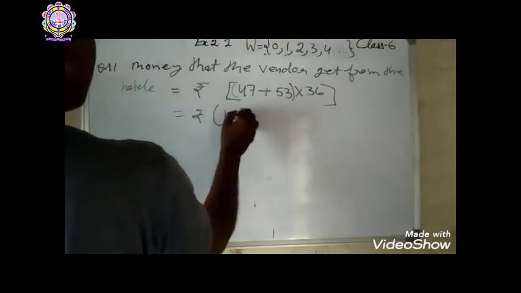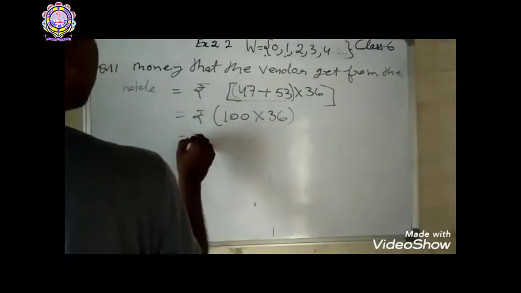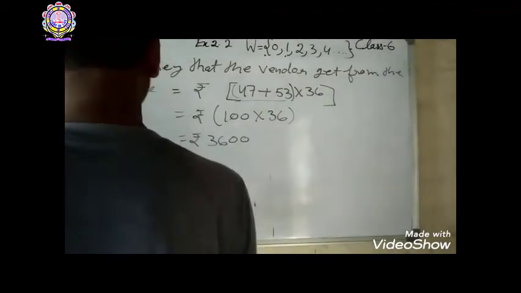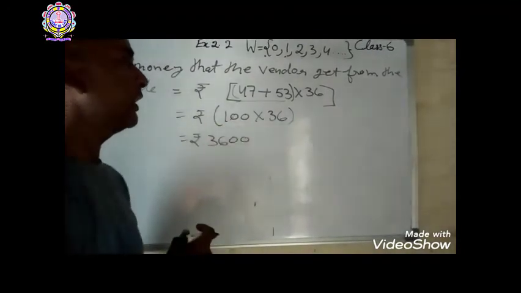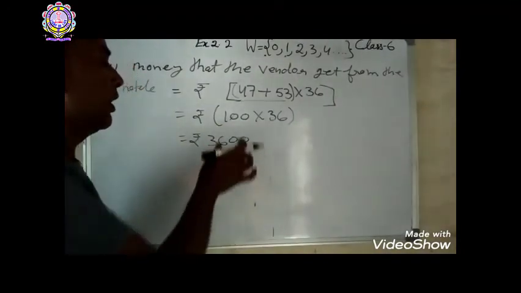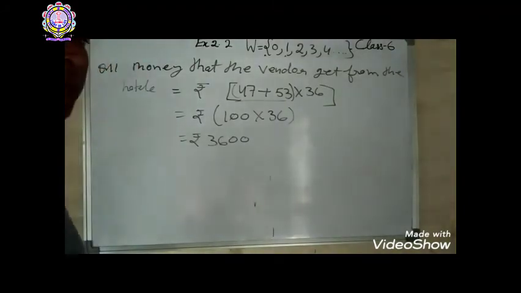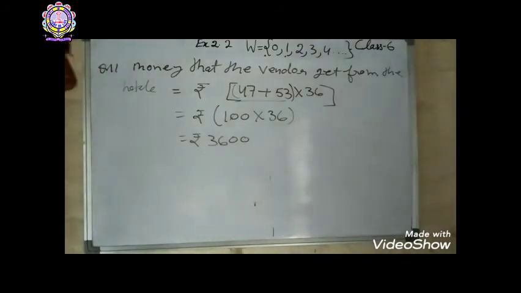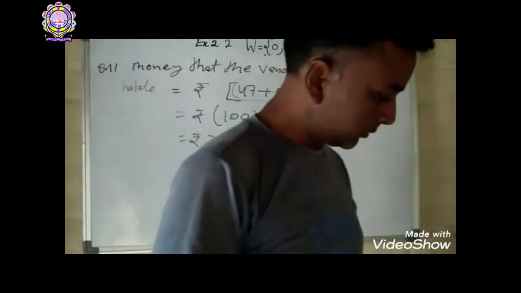You add them, so you get 100 into 36, that is rupees 3,600. So in the evening he gets 53 liters and in the morning 47 liters. So the total per day is 100 liters. What is the rate of the milk? 36 rupees. Then multiply by 100, we get 3,600 rupees.